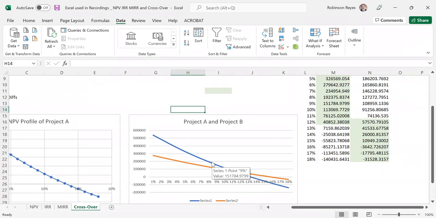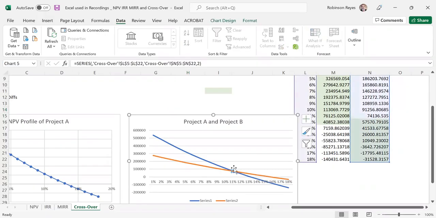So when we are comparing these two projects, there is one crossover of the two NPV profile lines, and we see this point visually at which the two projects have the same NPV, so you are indifferent.